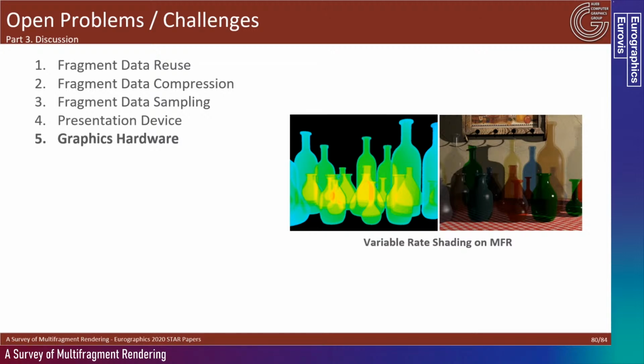For example, some ideas may include hardware friendly MFR implementations or expanding variable rate shading to the depth domain.